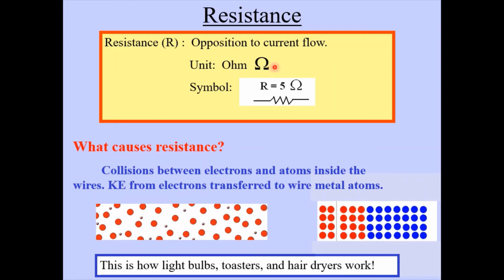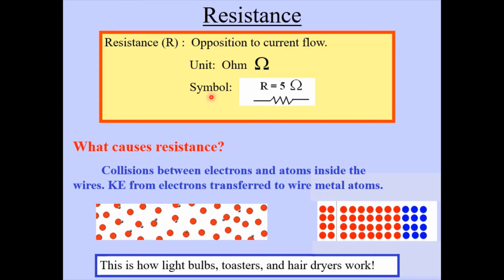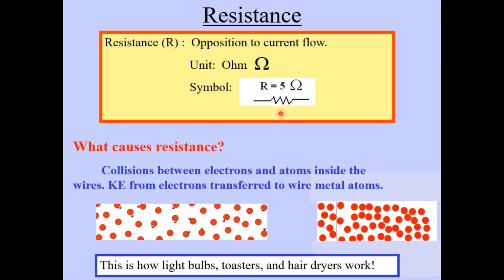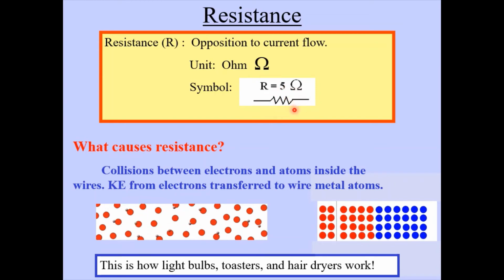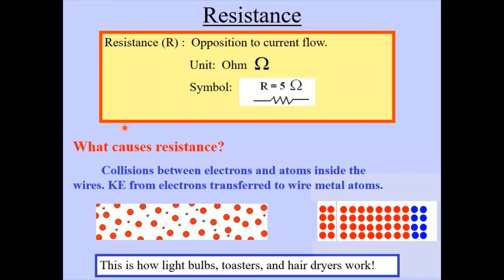This is the uppercase Greek omega, by the way. The symbol in a diagram, or what's called a schematic diagram in electricity, for a resistance is that zigzag wire like this. So in this picture here, we see a resistance, and the value of the resistance R is 5 ohms.